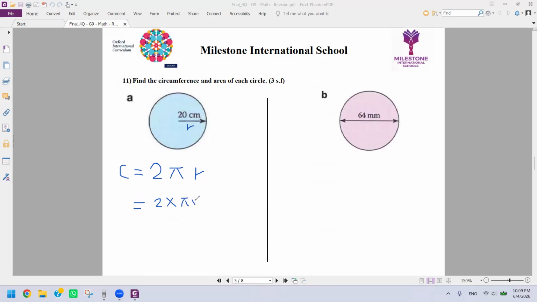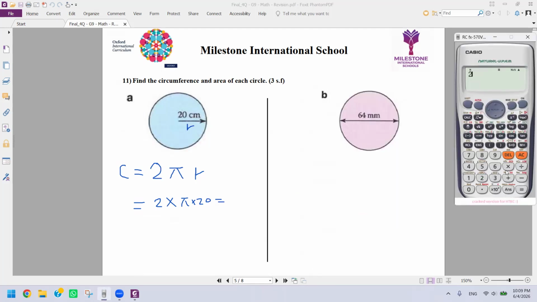Okay, 2 times pi times 20. On the calculator, look guys, to write pi, it's shift, and then you go down to this times 10 to the power of x, because pi is here. So 2 times pi times 20, you will get 40 pi.